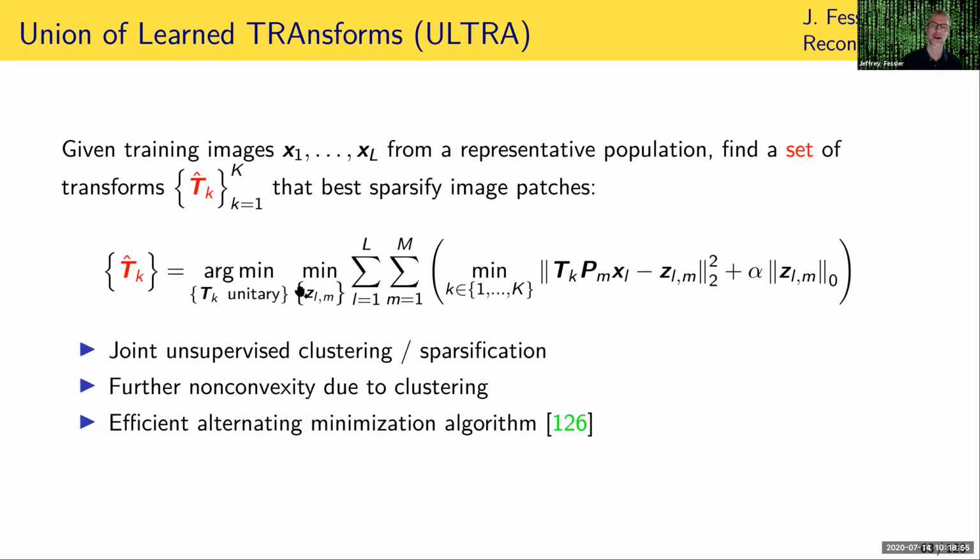And we're doing that over the collection of all patches. And so we're finding this set of 5 transforms that collectively can best sparsify all the patches extracted from these images. That's called a union of learned transforms. This is joint work with Sai Ravishankar, who's now a professor at Michigan State University. And we have efficient alternating minimization algorithms for solving this problem.